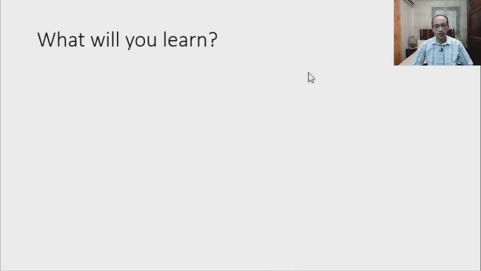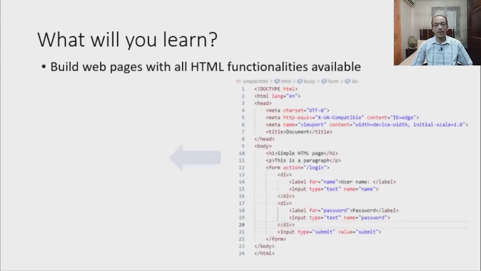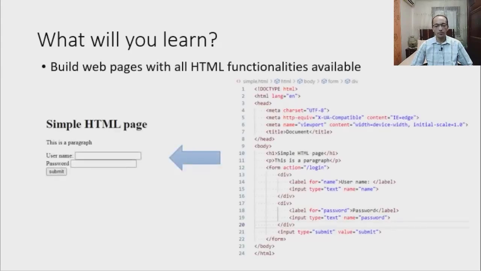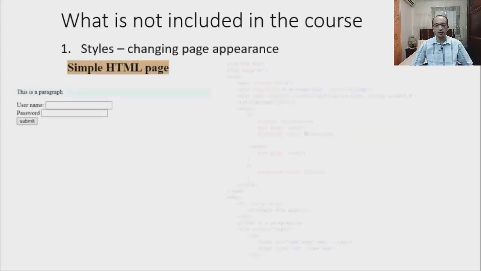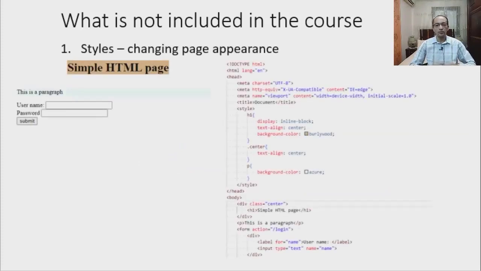What are our outcomes from this course? We will learn how to make a web page with the available HTML functionalities. But what we won't learn in this course, first, we won't learn styles, or changing the appearance of the web page, such as changing the background of an HTML element or web page, font size, font styles.